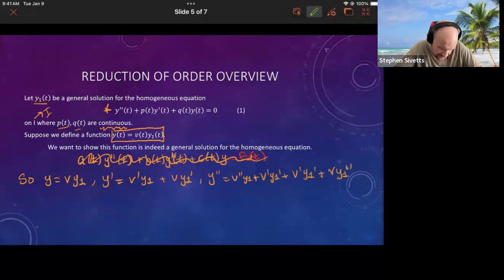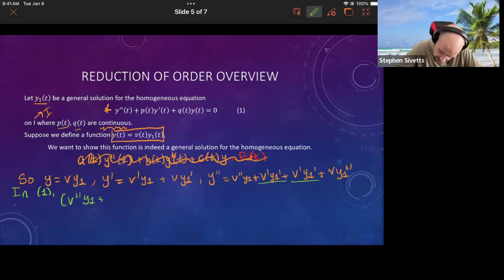And if I plug that into the differential equation, I'll have v double prime times y1 plus, this is two of the same quantity, 2v prime y1 prime plus v y1 double prime, plus p of t times y prime of t.